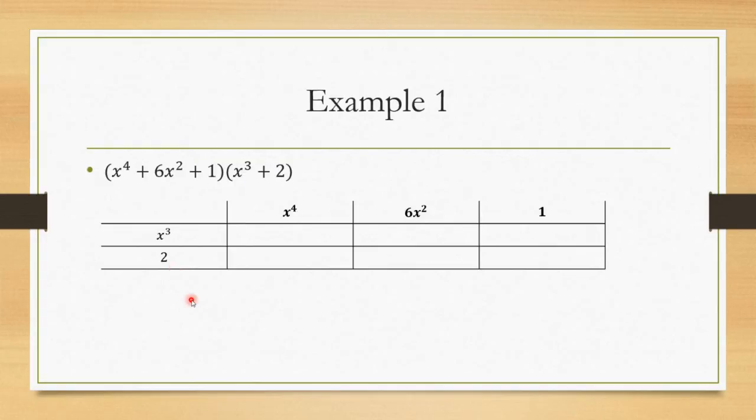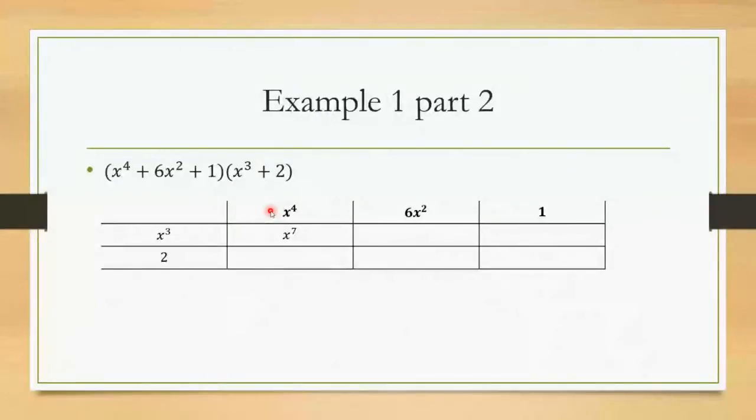Okay. Now, after making these rows and columns, we have these blank grids. And how do we fill in these grids? We multiply the corresponding row and column entry. So to fill in this box, we multiply the row with the column entry, and we get this.